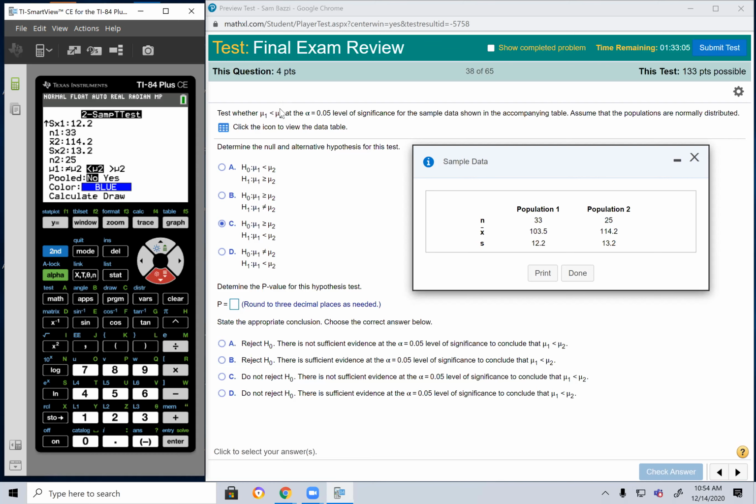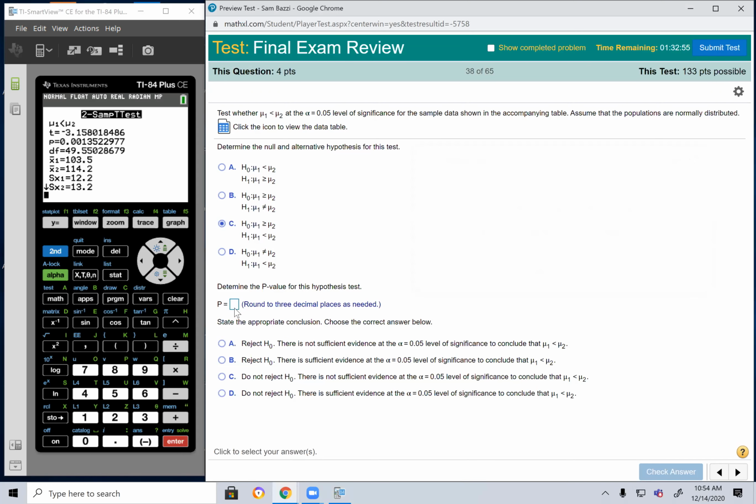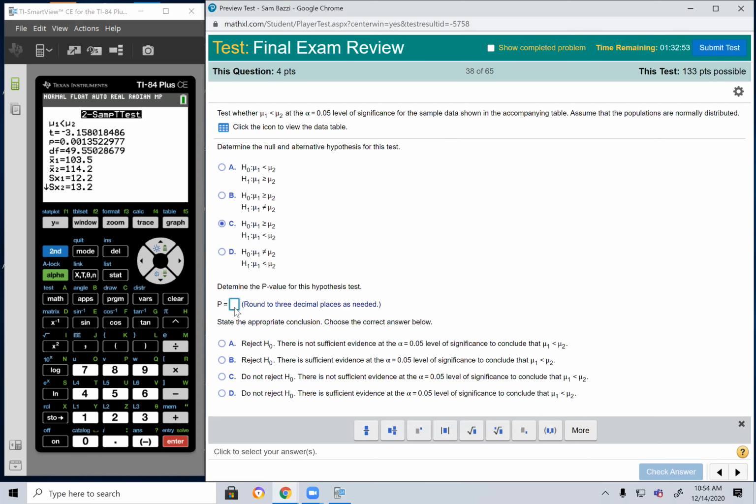But as I told you, I selected this question from a book that doesn't specify. When they don't specify, by default, we use a no. Okay, that's all I need. So what's the p-value here, guys? 0.001.